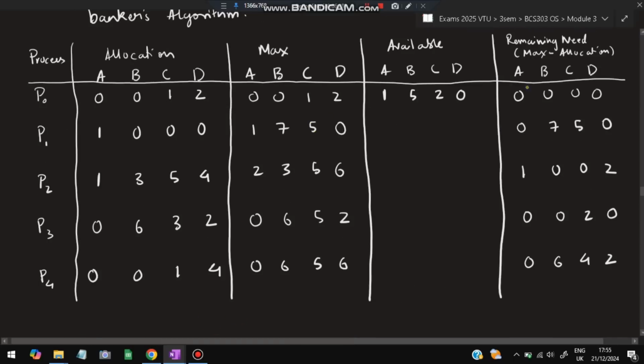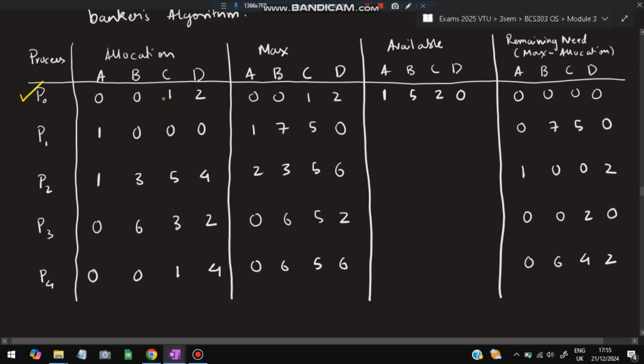And one more thing: when one process is executed completely, the resources which it holds will be released. Release means 0A will be released, 0B will be released, 1C will be released, 2D will be released. It does not require these resources anymore because it has completed its execution.